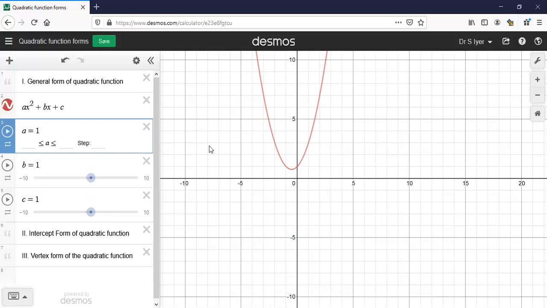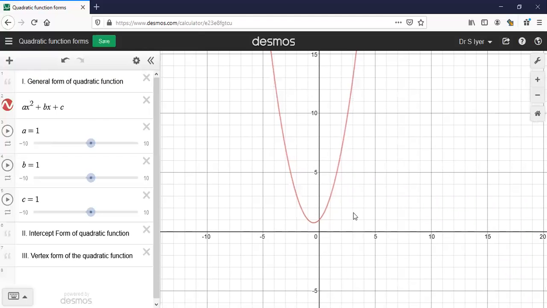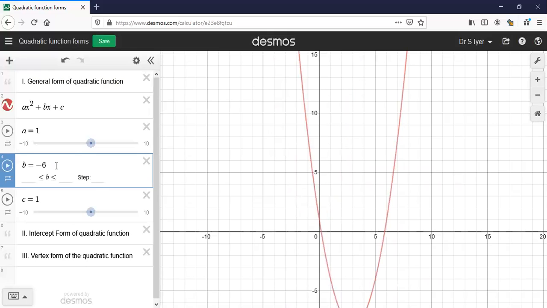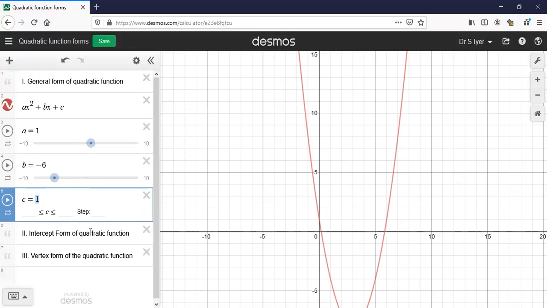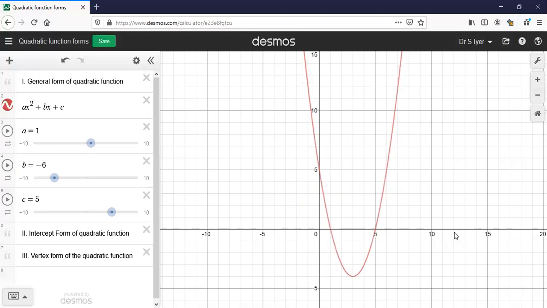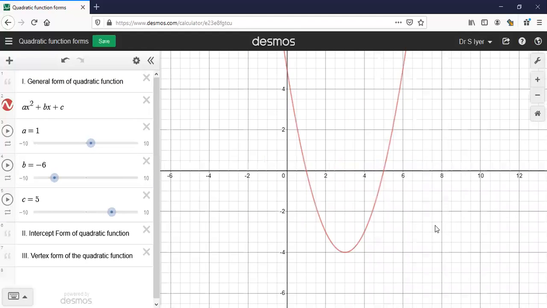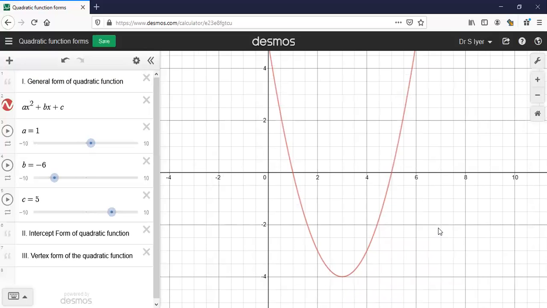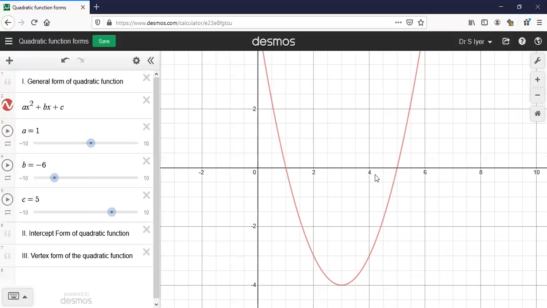Now that is the effect of the three terms a, b, and c on the quadratic function, right? I'm going to now make the equation something else. I'm going to say it is x squared minus 6x plus 5. So this is our equation. Now, if you notice here, this parabola has two x-intercepts.